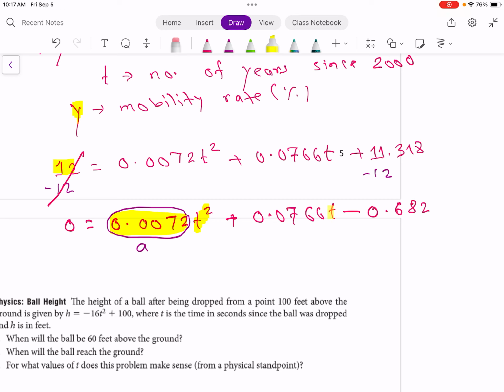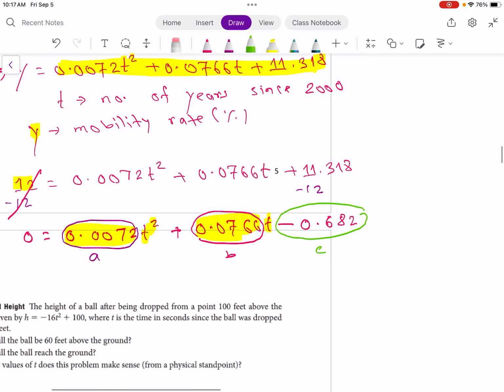We have the variable t here, its power is 1, and this coefficient is b. And the constant number with no variable, this is our c. So we have a, b, c. Now we substitute these numbers in our quadratic formula.